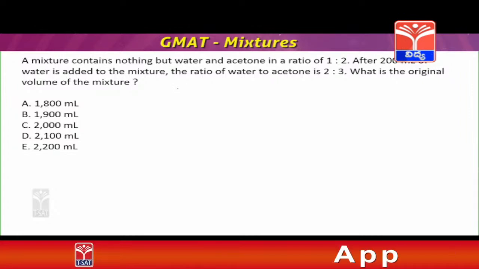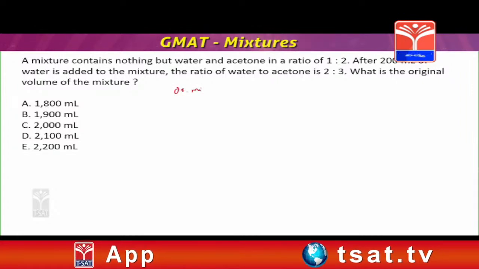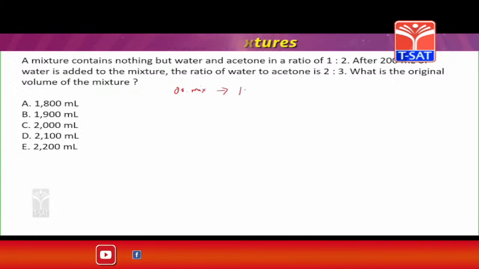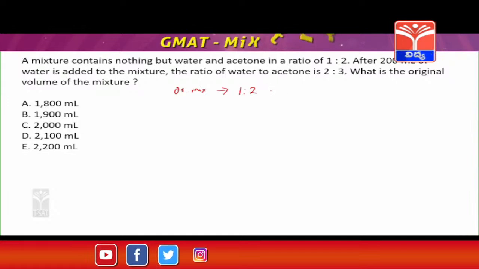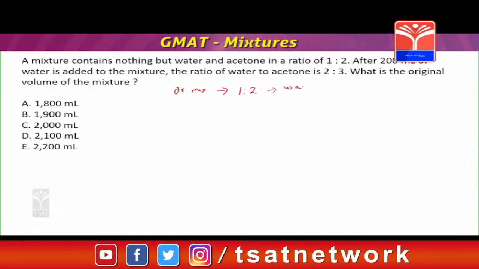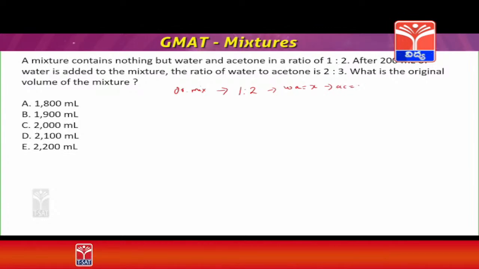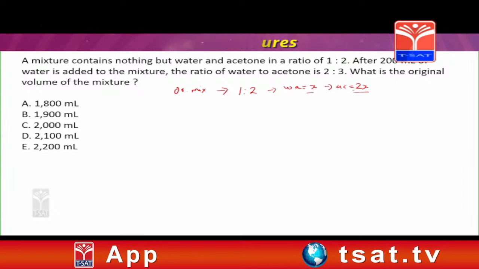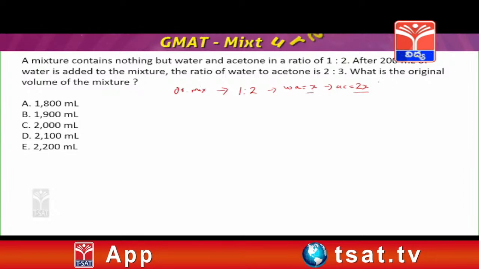Okay. So, the original mixture has water and acetone in the ratio of 1:2. So, let us say water is x, then what will acetone be? Acetone will be 2x because it is in the ratio of 1:2. Now, 200 ml of water is added.